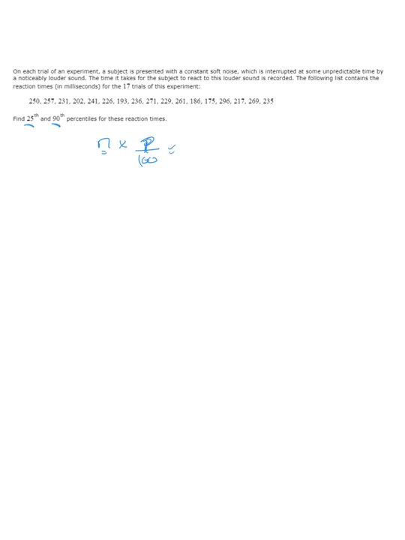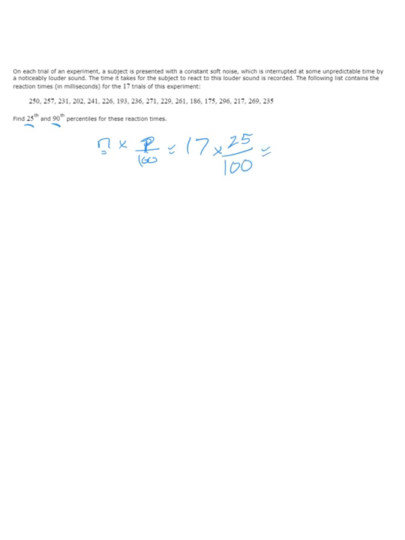So in our case, how many do we have? We have 17 trials here, 17 data points, and let's say we're looking for the 25th percentile. So I'm going to put 25 over 100.